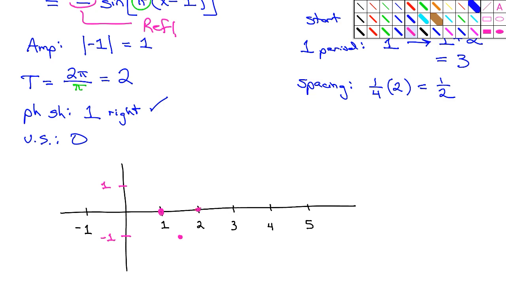And that gives us the rest of the pattern. So the maxes and the mins occur at these half points. And then we get zeros every place else. And then let's connect that. Like so.